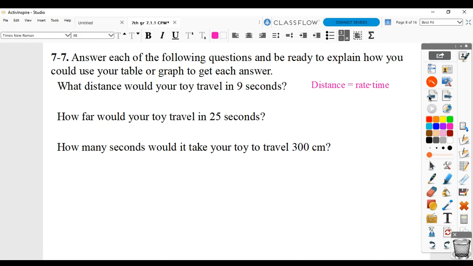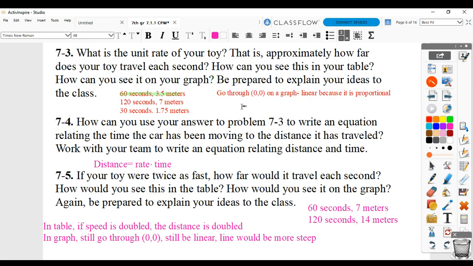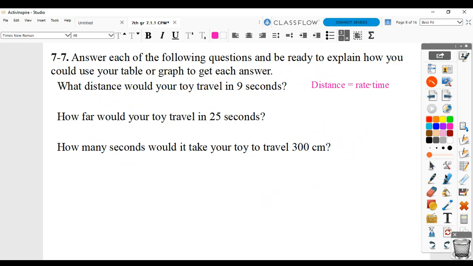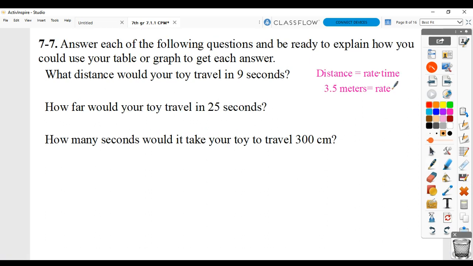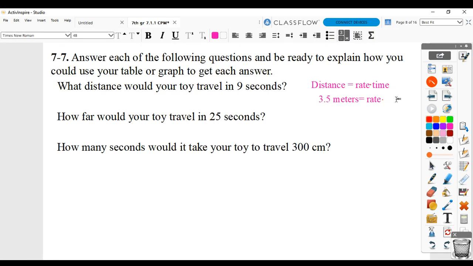So we know, based on what we've said here, that in 60 seconds it went 3.5 meters. So 3.5 meters, or we could change that to centimeters, which we'll need down the road. We're trying to find the rate, and we know that that happened in 60 seconds. So our time is 60.